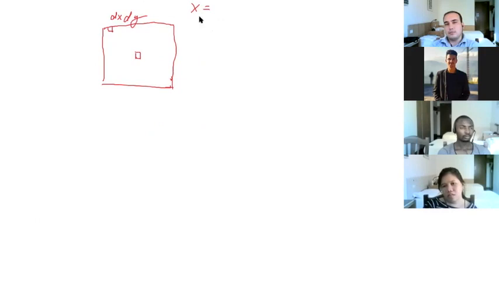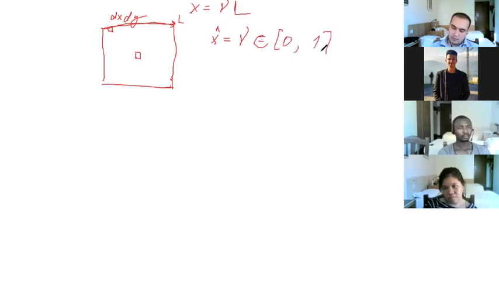Just for simplicity, let's say the length of this side is L centimeters, and we can define the coordinate x as some number nu times L. So it's a fraction of the whole length L, and we can just speak of coordinate nu, which will be between 0 and 1. Is it clear how this comes about?